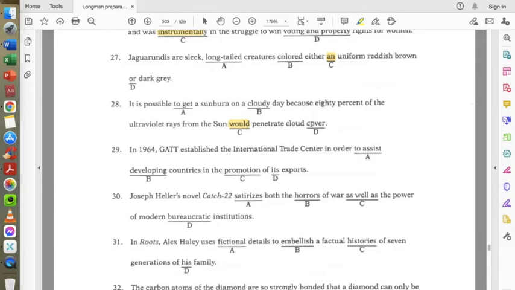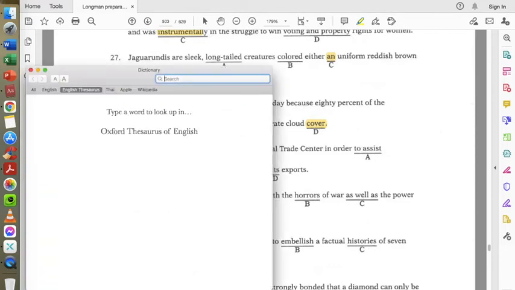The other possibility here: if it's possible, we shouldn't use the conditional would, because the modal would is for the conditional, the impossible. But cloud cover is also a possibility here. And so I would like to see a hyphen, cloud cover, or a singular word. I think cloud cover could be phrased as a singular word.